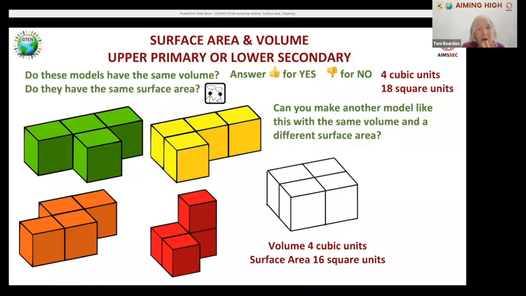So 24 minus 6 is going to be your 18. If you look at the colored ones, you'll see they're glued together on 3 different faces, whereas the one that is white or not colored is glued together on 4 different faces.